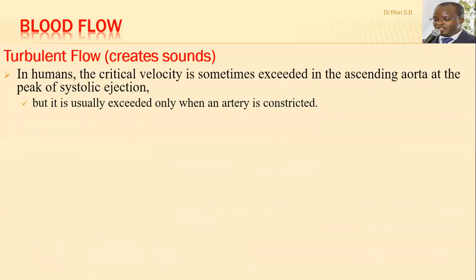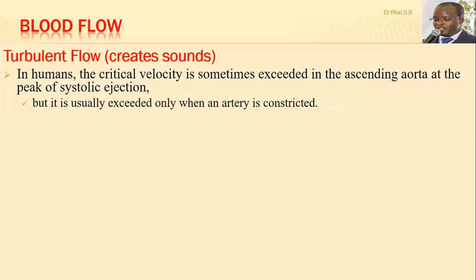So in humans, the critical velocity is sometimes exceeded in the ascending aorta at the peak of systolic ejection. So during systole, the blood pressure is going up, and the maximum pressure that you can get in arteries is referred to as systolic pressure.